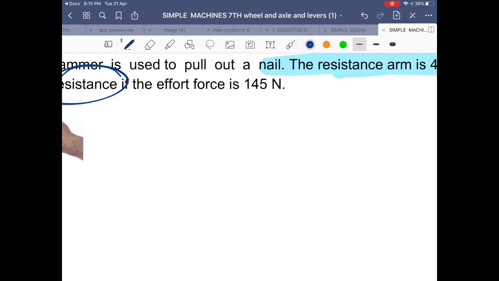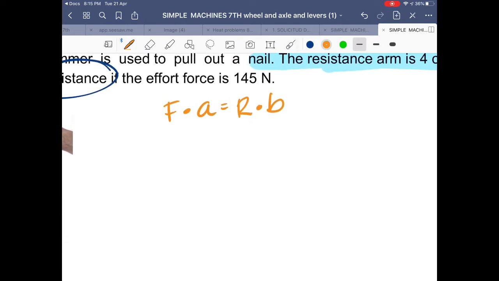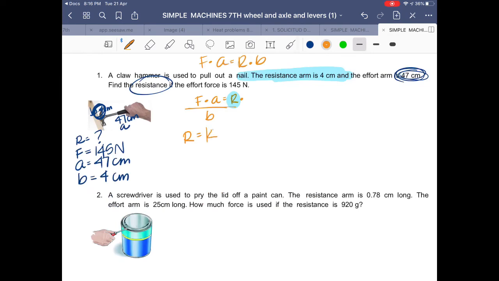The formula we will be using in this case will be force times A equals resistance times B. So we're searching for resistance. It means that I am bringing my letter B to the other side. As we know, if it's multiplying, we will bring it here, dividing. So we have resistance equals 145 newtons times 47 centimeters divided by letter B, which is 4 centimeters.